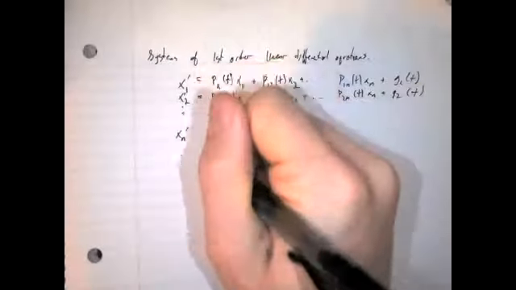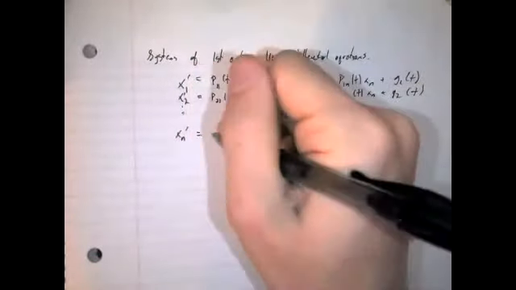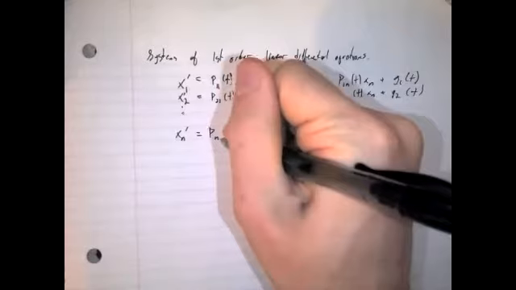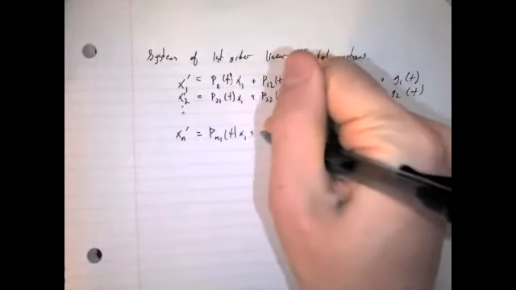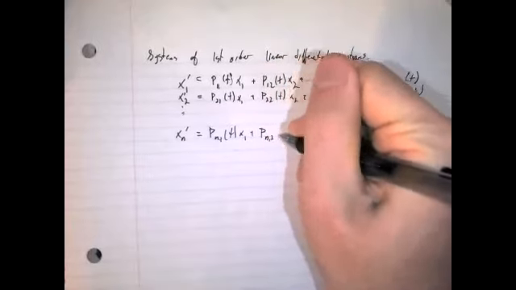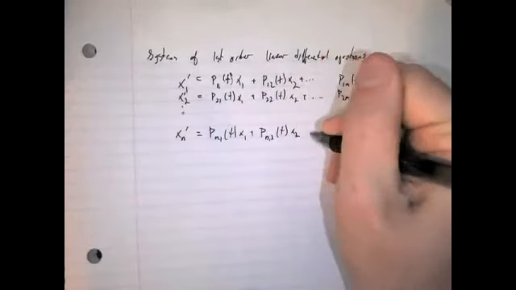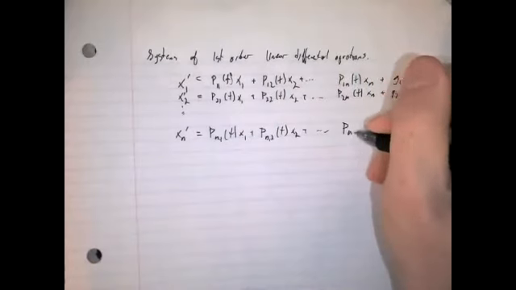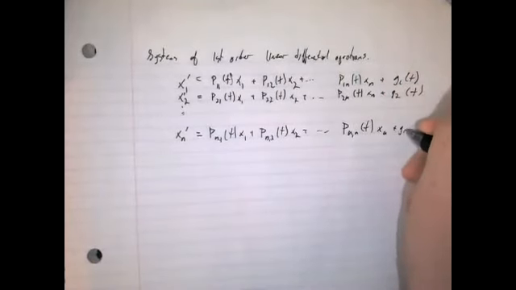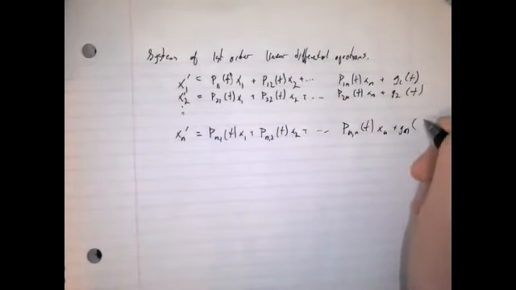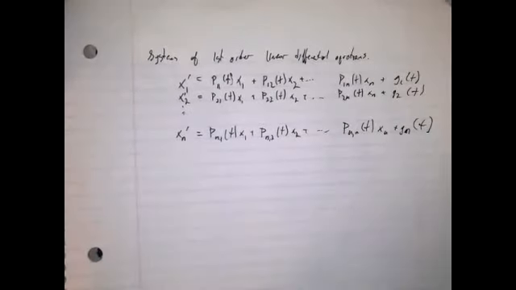And I repeat this whole system all the way down to the bottom, where I've got Pn1 of t times x1 plus Pn2 of t times x2, all the way up through Pnn of t times xn plus gn of t. Okay.